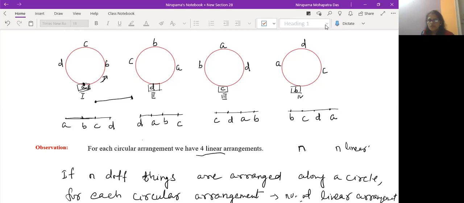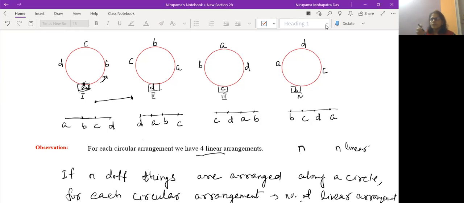So if you keep A fixed, you can start from anywhere, because in case of circle, the starting point and ending point can be same. So if you start from A, so it means B, C, D. So let's keep A fixed. So B, C, D, 3 objects can be arranged among themselves in factorial 3 ways.